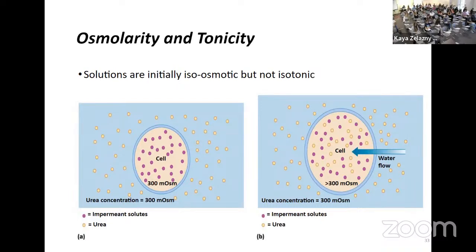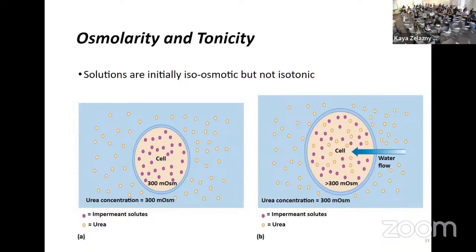When we're talking about osmosis, we are talking about the movement of water, what we know about our cell membrane. But technically, if it were just phospholipids, it would not be permeable to water, but almost every cell has aquaporins in it. So for shorthand, we are going to say that our cell membrane is permeable to water.